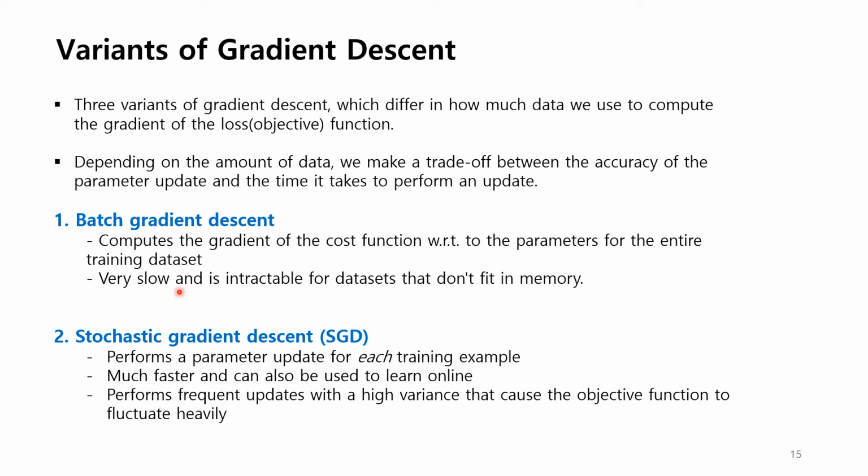But if you use stochastic gradient descent, the gradient value fluctuates a lot. Sometimes it's very high, sometimes it's very low. So it has very high variance. That is the problem. Each method has its own pros and cons. That's batch and stochastic gradient descent.